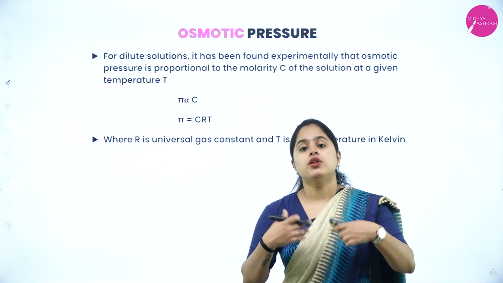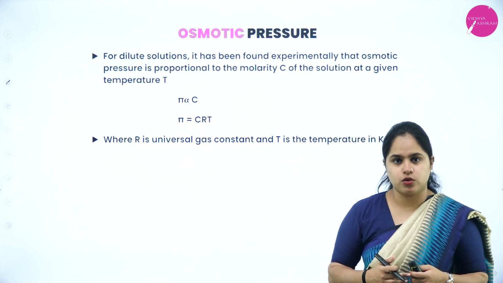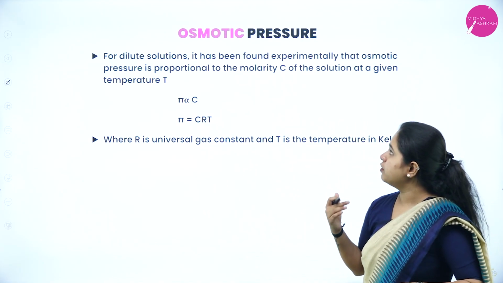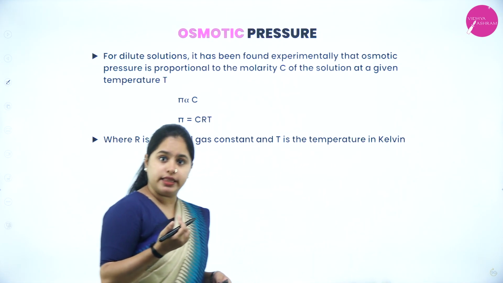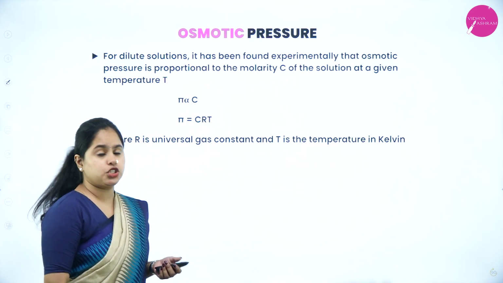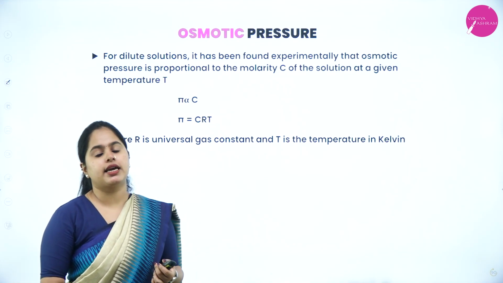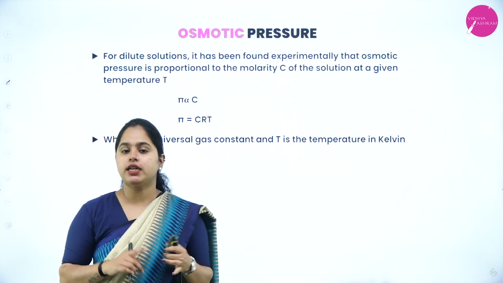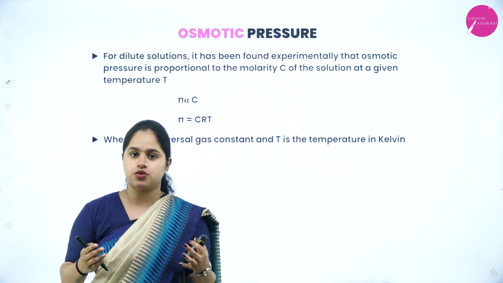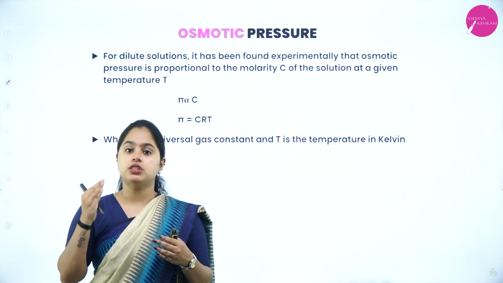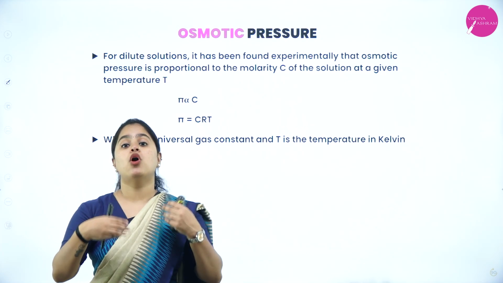So, now moving on to the equation by which you can calculate the osmotic pressure. For a dilute solution, it has been found experimentally that the osmotic pressure is proportional to the molarity. In the case of depression in freezing point and elevation in boiling point, we studied that the elevation or the depression is directly proportional to the molality.